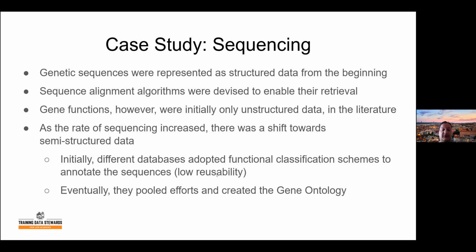And in the late 90s, several model organism databases realized this and pooled their efforts, got together and created the gene ontology, which essentially reconciles the different terminologies in use by the different genome databases at the time, and then grew to become something even more encompassing of gene function as a whole.